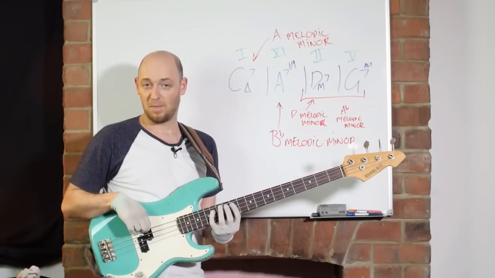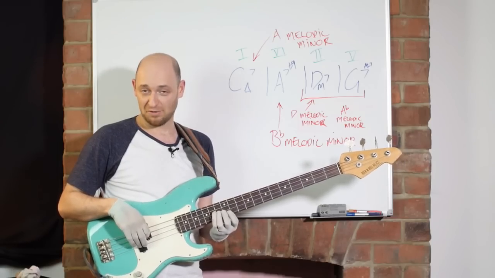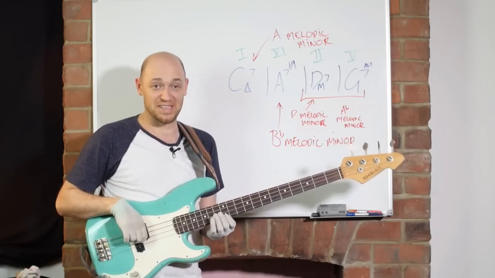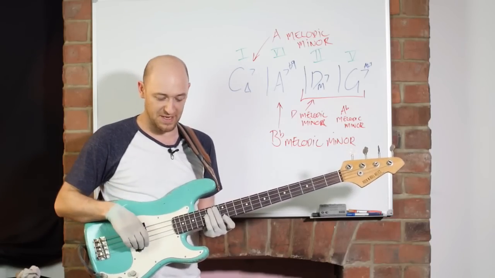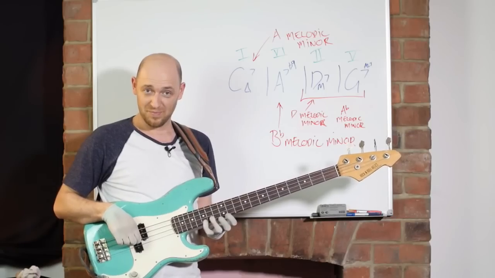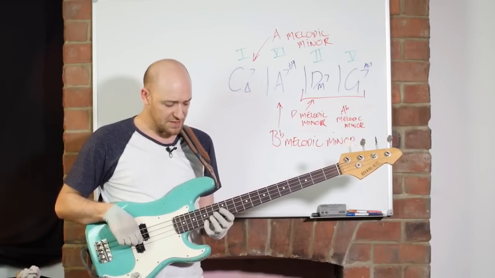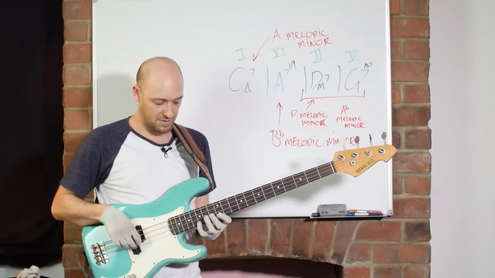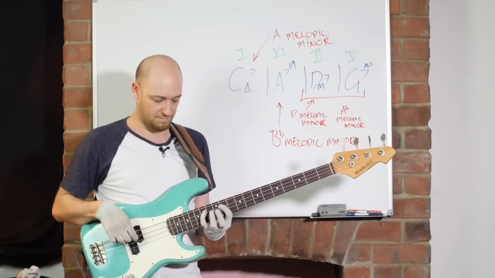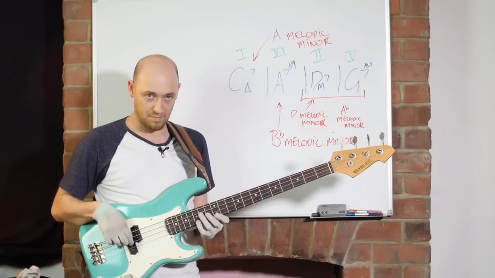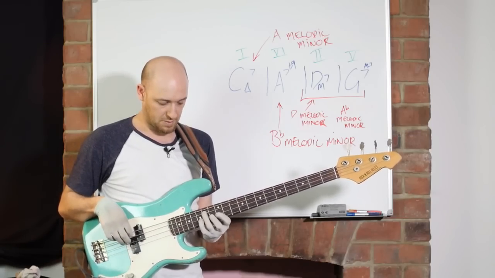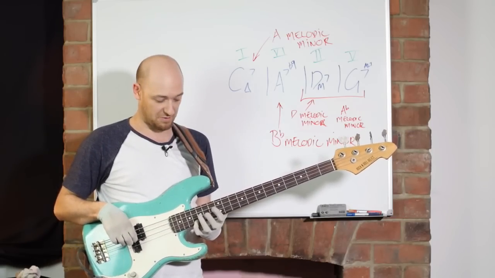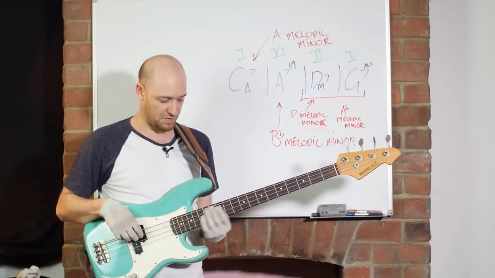Root, minor 3rd, natural 5, major 7, which in this case is the G, and then a really great one to put on top is the 9th. Okay, in this case, it's the B flat. And obviously you've got the root there as well, but the minor 3rd there, so.